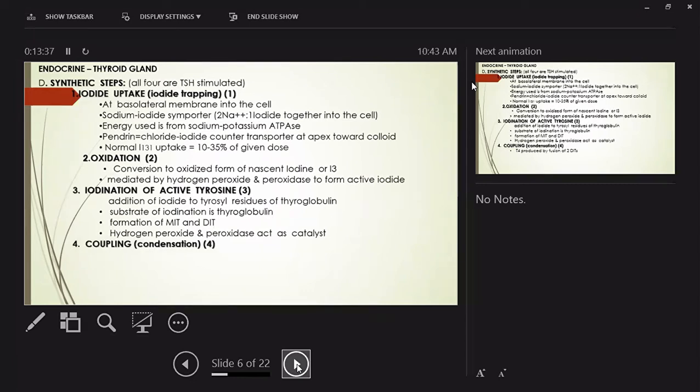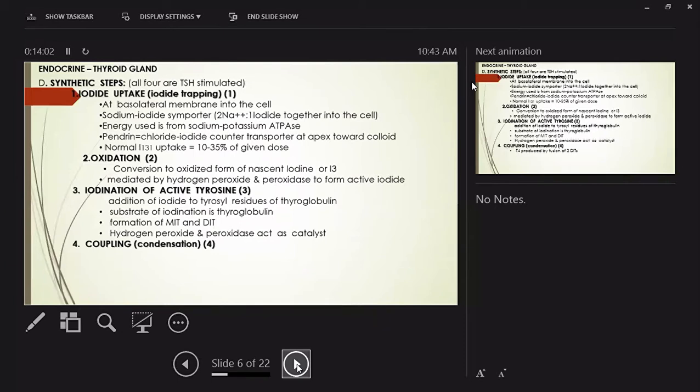Then there is coupling, condensation of the tyrosine. The MIT plus DIT will form your T3. MIT plus MIT will form your T2.